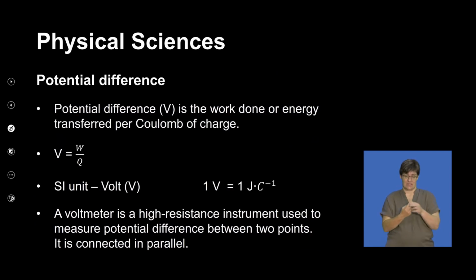Right. Then let's look at potential difference, which we sometimes refer to as voltage. So take note, potential difference is the quantity, and V is the symbol, okay? At the same time, V is also the shortened version of the unit, volt.